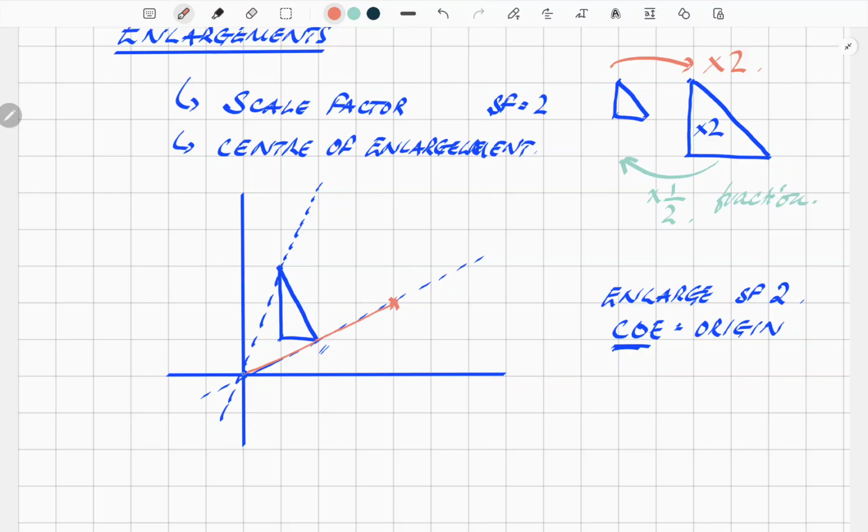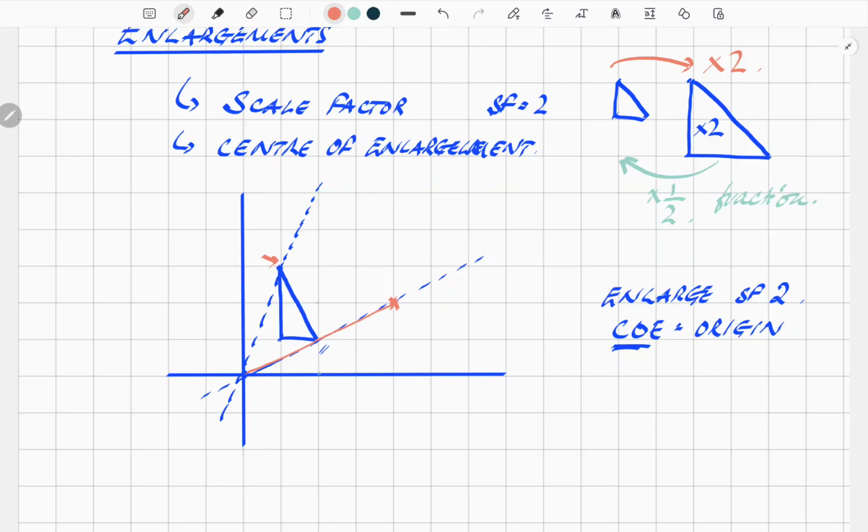So look at what goes on here. To get to this top corner, you're going 1 across from the origin and 3 up. So for an enlargement, you're going to go 2 across and 6 up. My line's a little bent. Let's make sure we get this right.